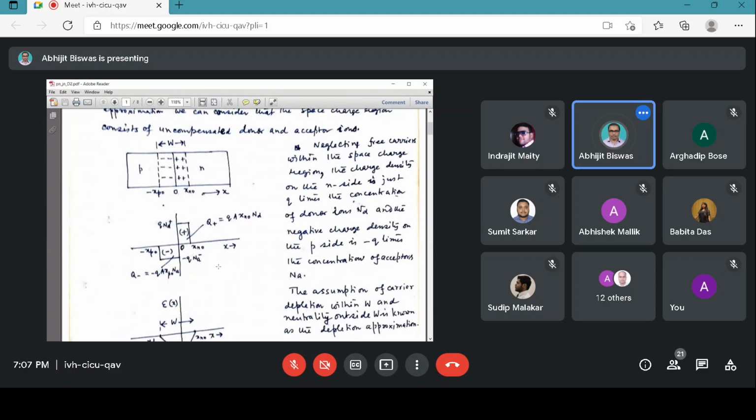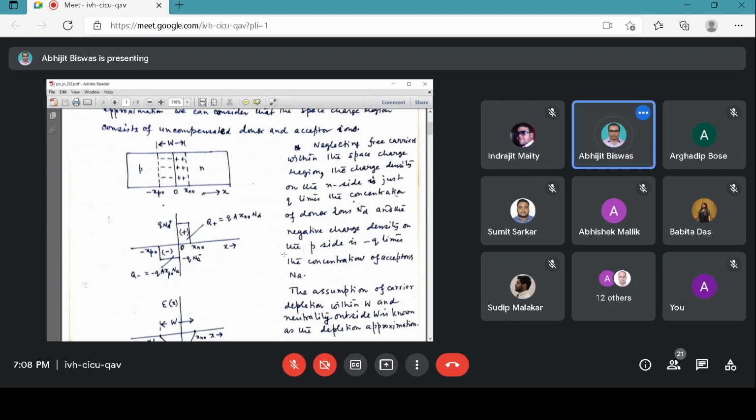Now, if we neglect free charge carriers within the space charge region, the charge density on the n side is denoted by Q plus. What is the volume? If you consider the interface between P and N region, this interfacial cross-sectional area is A, and the depletion region extends on the right hand side up to xn0. Therefore, volume becomes A into xn0, and Nd is the donor concentration.